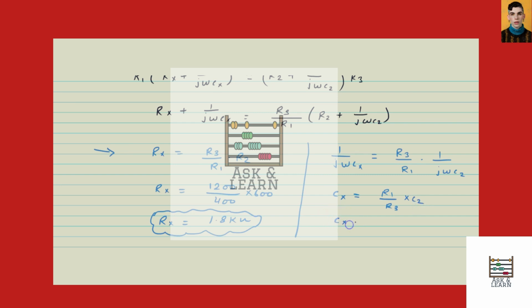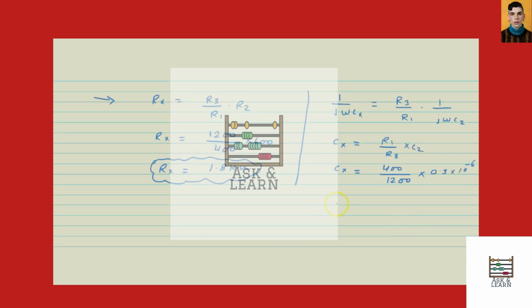Now putting in the values, Cx equals R1 is 400, R3 is 1200 and C2 is 0.3 times 10 to the power minus 6. Then the value of capacitance Cx will be 0.1 microfarad. Is it clear?